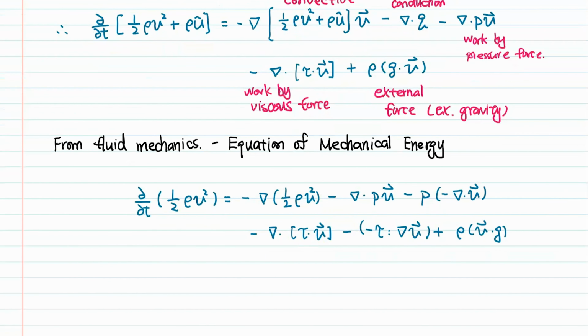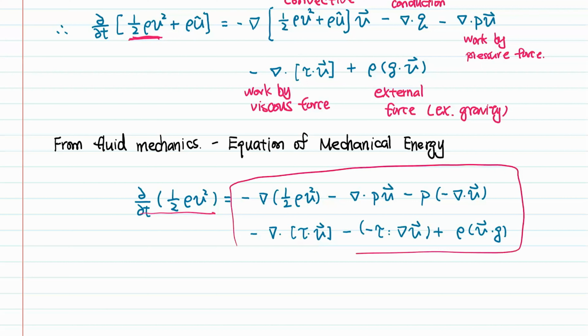this is exactly the first term on the left hand side of our energy balance equation. So what we're going to do now is substitute the right hand side here into the right hand side of our energy balance equation.